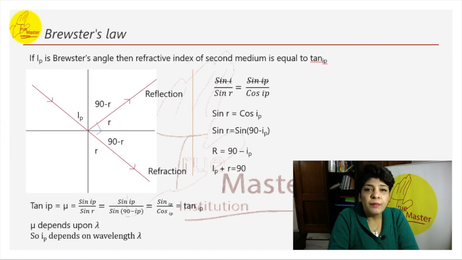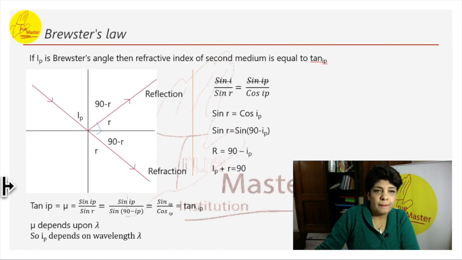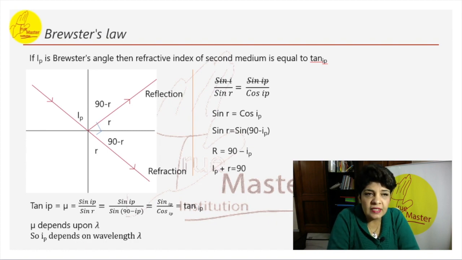Coming on to Brewster's Law. The angle of incidence at which a beam of unpolarized light falls on a transparent surface and is reflected as a beam of completely plane polarized light is called the polarizing or Brewster's angle.